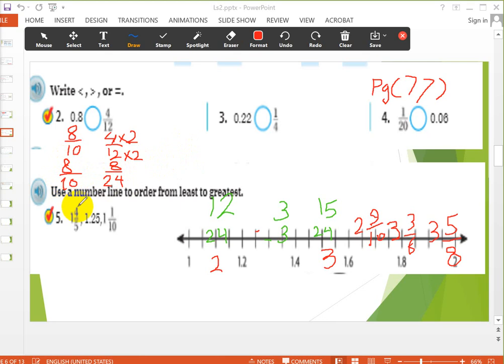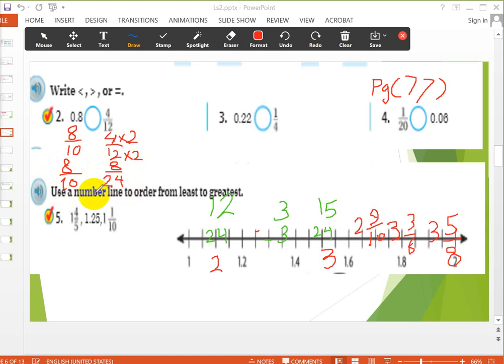Now, let's compare between those fractions. Now, compare between denominators. I have the same numerator, so I will compare between denominators. Which one is the greater number? 24 is greater than 10.